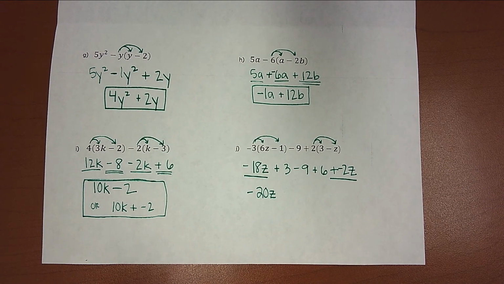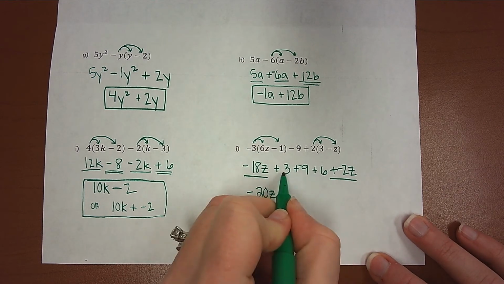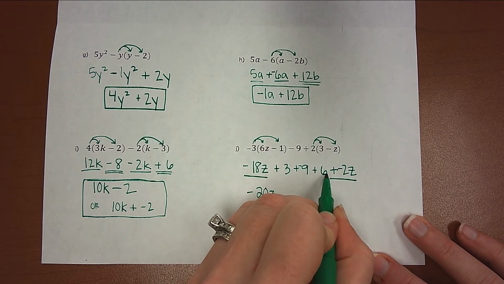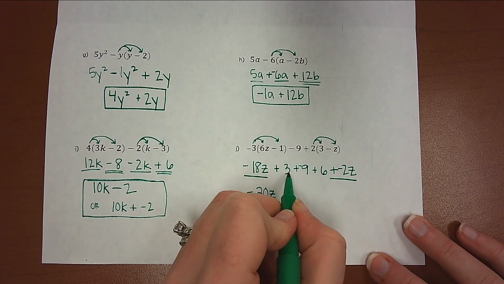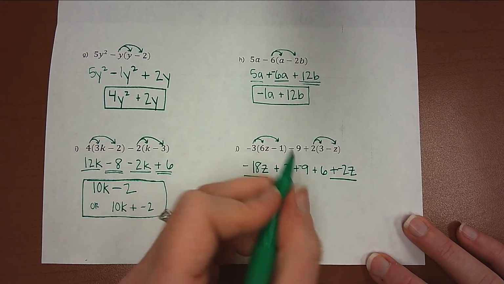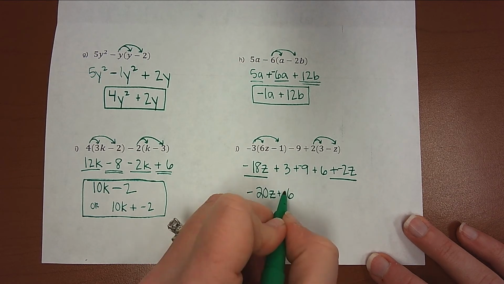Then I'm going to go ahead and combine my constants. I think it's best if we copy, change here, so that we've got all these numbers being added. 3 plus -9 plus 6. Well, we know that 3 plus -9, signs are different, so I subtract. 9 minus 3 is 6, and then I keep the sign of the number with greater absolute value, which is negative.